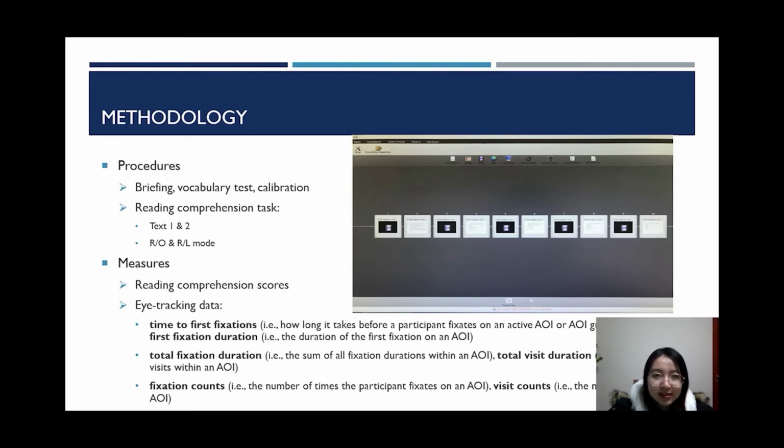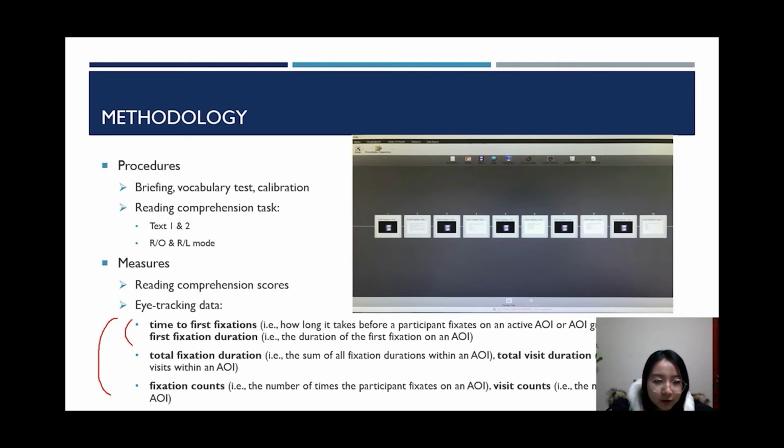We recorded 6 eye movement measures and calculated their means and standard deviations over all AOIs in the text. You can see the definitions of them here, but to simply put, shorter time to first fixation with longer first fixation durations means more cognitive efforts, more attention, and therefore lower reading fluency.